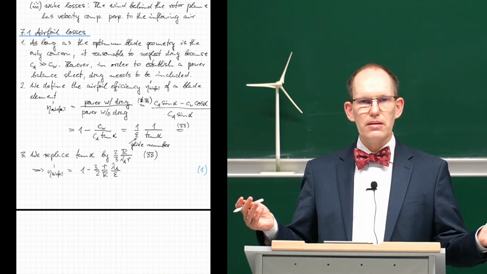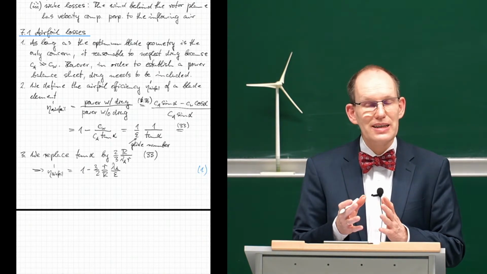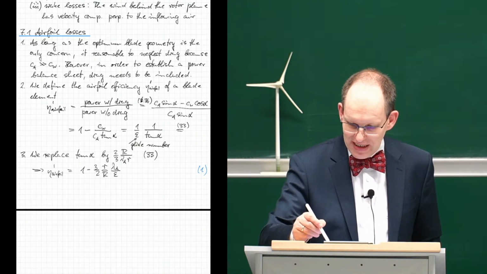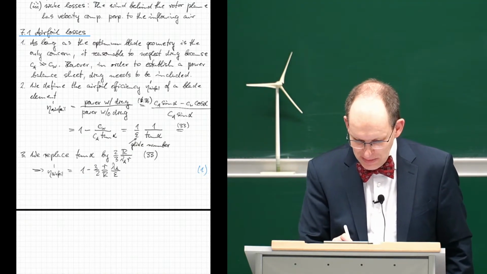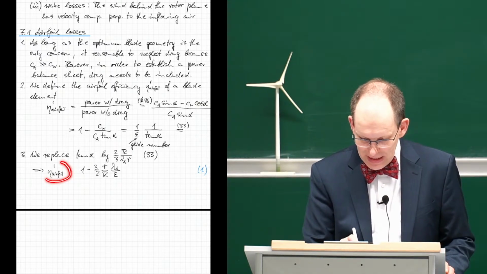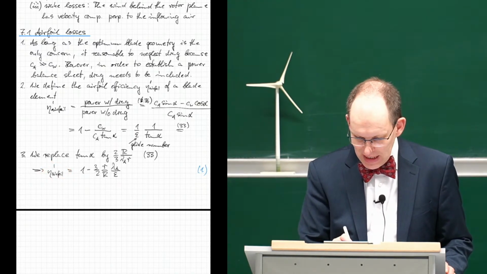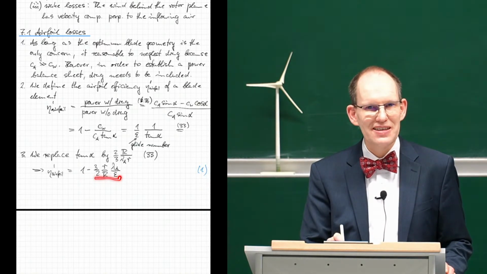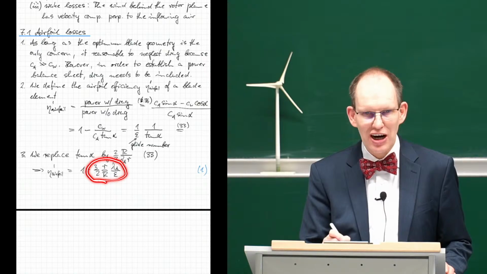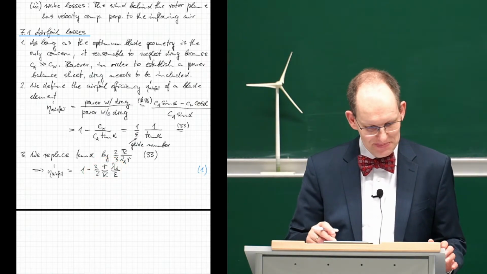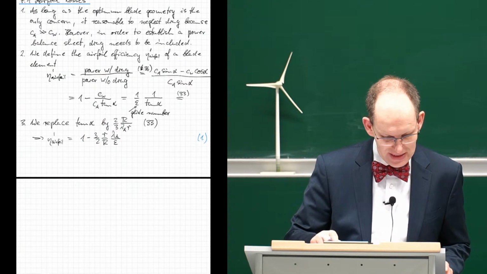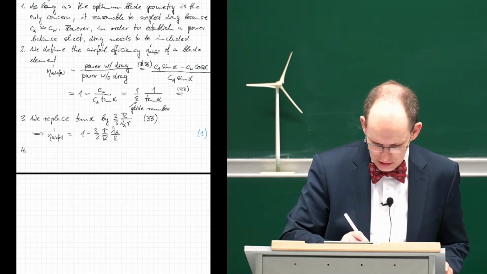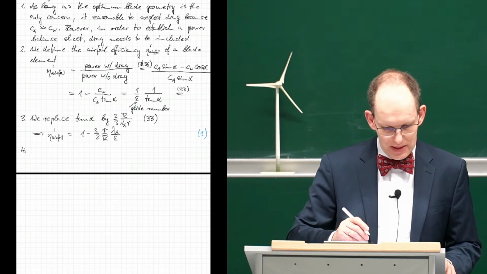And now you should appreciate that we already achieved something that's actually quite nice. Namely, we have the efficiency in the form of 1 minus the losses. So it's immediately clear that these here are the losses, strictly speaking, the relative losses.